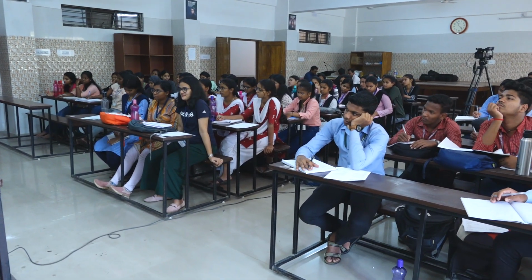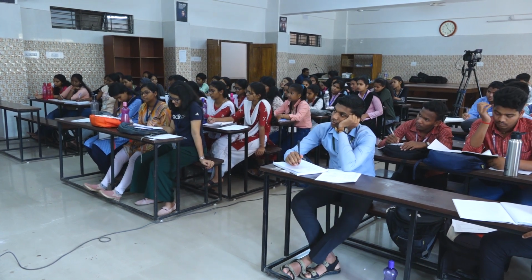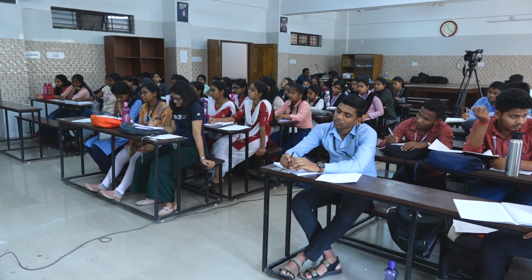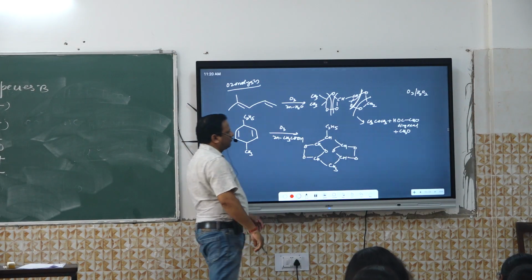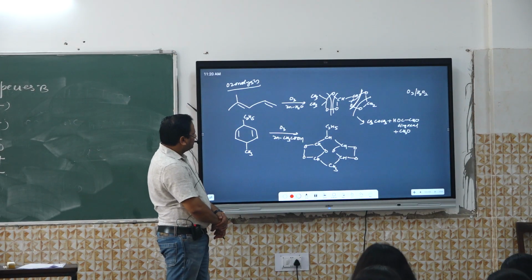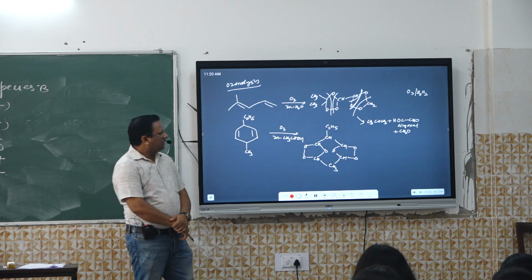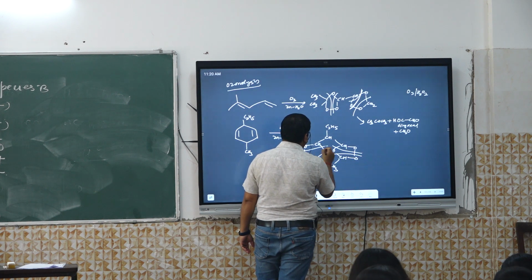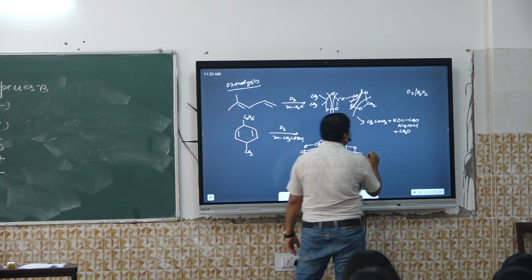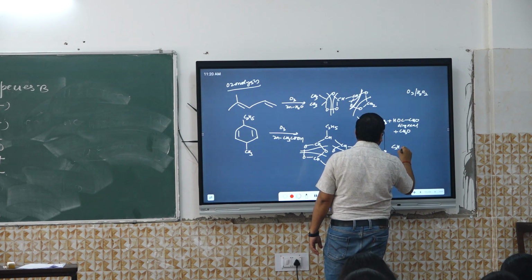Last one, can you write this way? So then ozonide, yes or no? Across both the double bonds, ozonide formation takes place. Then this. How many products are formed? 2.